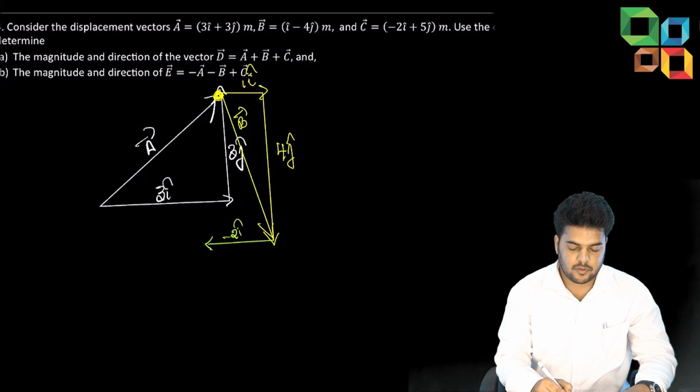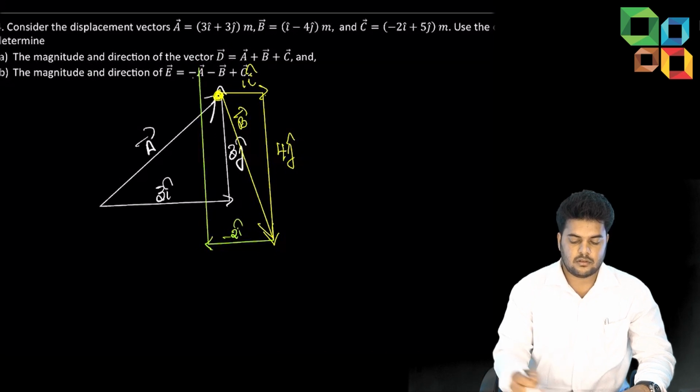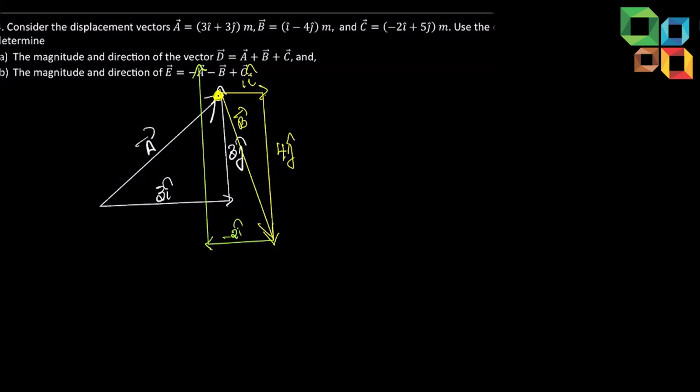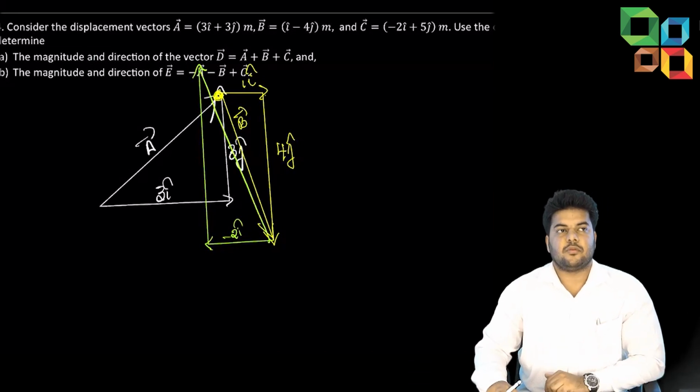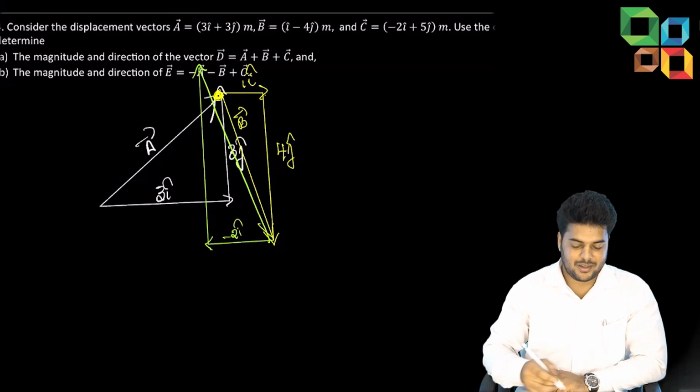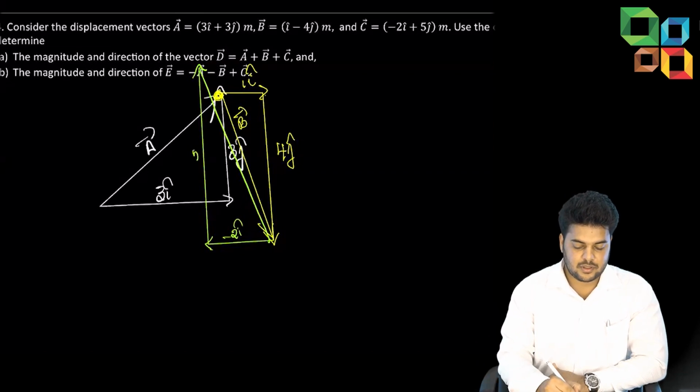If you climb up by 5 steps, this is already 4 steps down, so you'll rise up by 1 step ultimately. And this green vector over here, now it's very clumsy, I realize that, but this green vector would be the C vector.